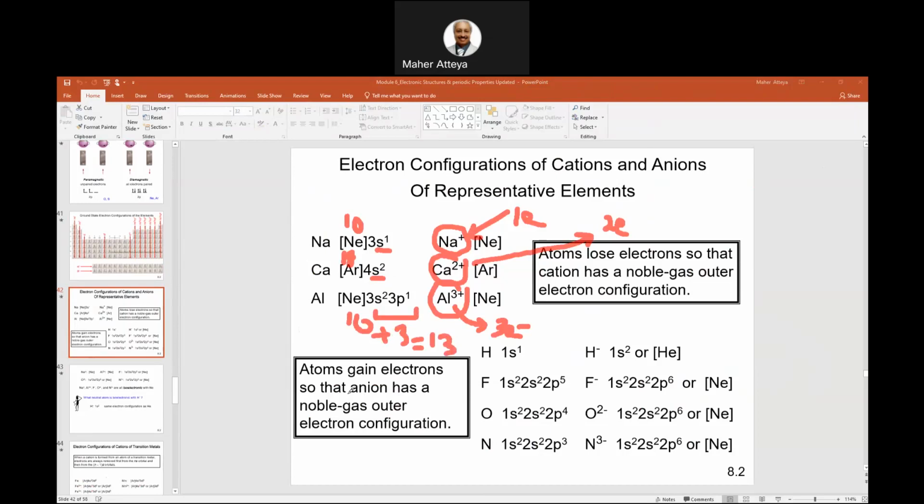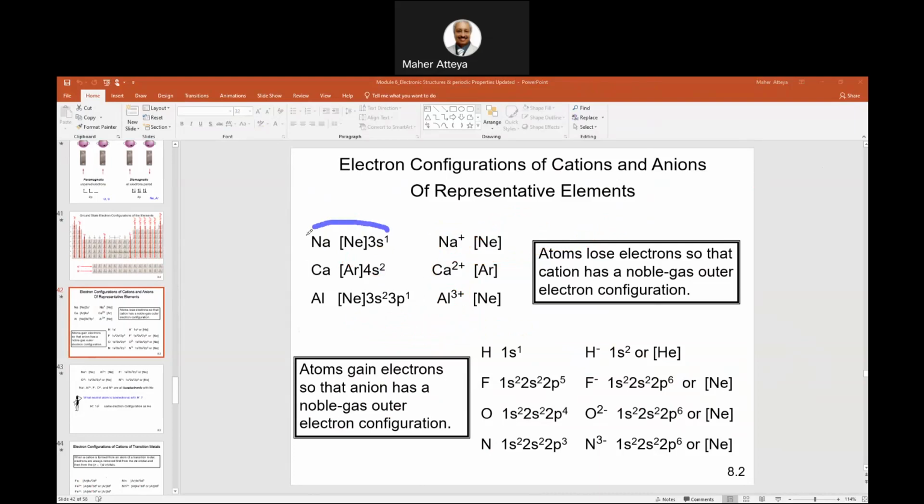Now, look at the electron configuration of those elements. Let's look here. This sodium had lost 1 electron, correct? What is this one here? It will be neon, correct?